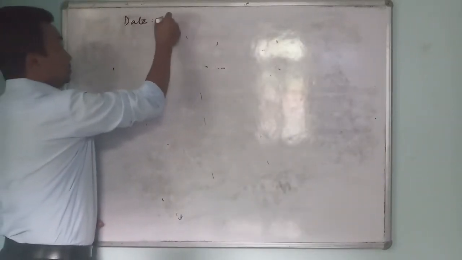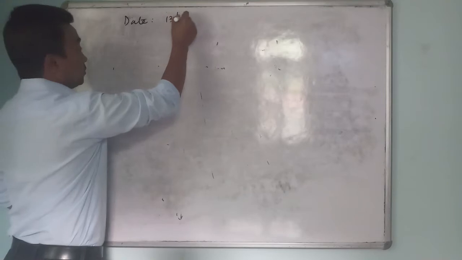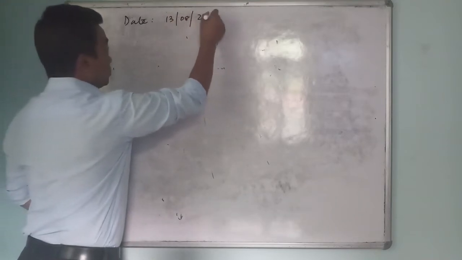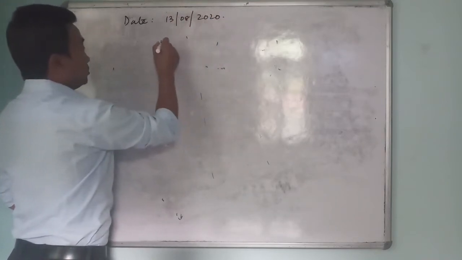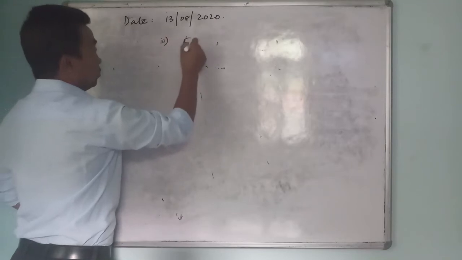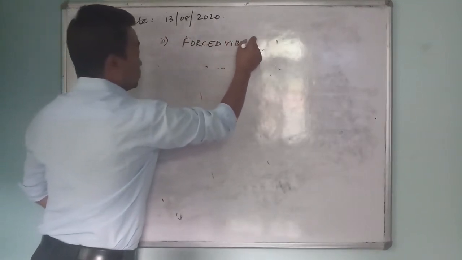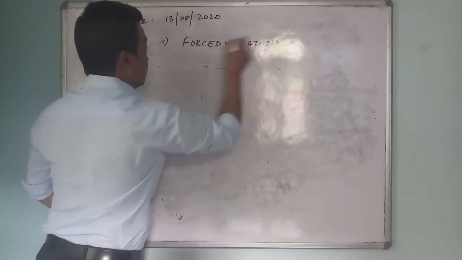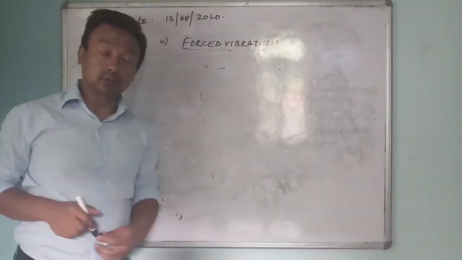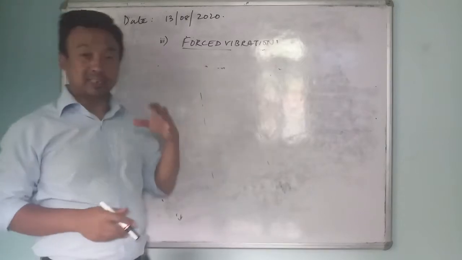Let us write the date. Today is 13th of August 2020, and we are going to do the third type, that is the forced vibrations. As the term says, force, it has been forced by something.